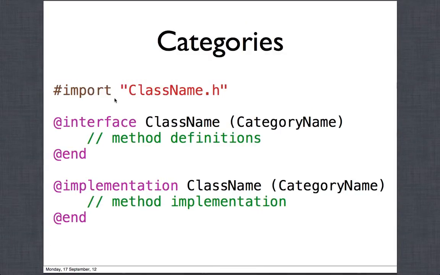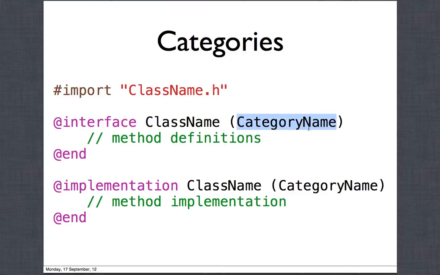And here is just the formal definition of how to use it in a class. As I said, first of all, you have to have the class itself present in a namespace. So you want to import your class name if this category is being defined somewhere else. Then you create an interface and you use the class name you want to extend, and you put your category name.